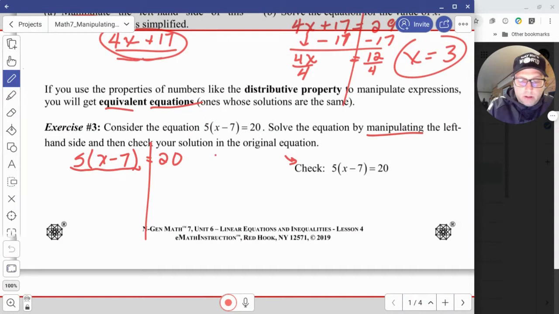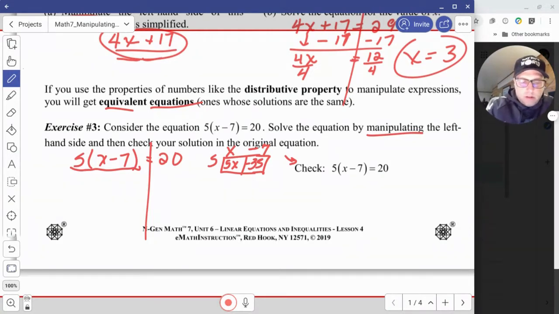So I'm going to do that over here. 5 is multiplying x. 5 is multiplying negative 7. 5 times x is 5x. 5 times negative 7 is negative 35. Positive times negative is negative. Again, those sign rules are things that you need to know by heart.